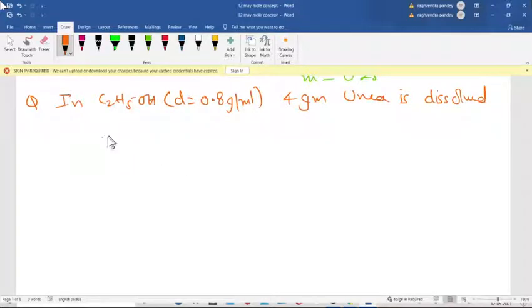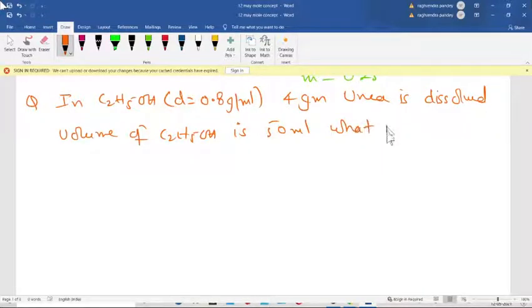The volume of C2H5OH is 50 ml. What is the molality?